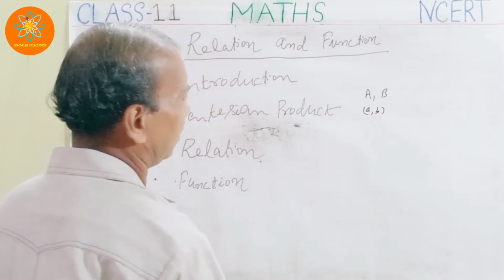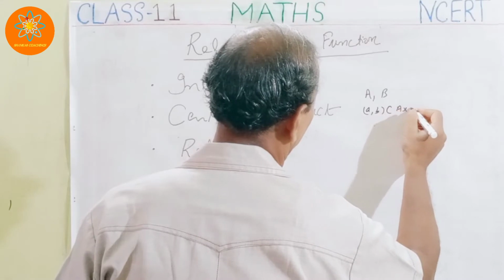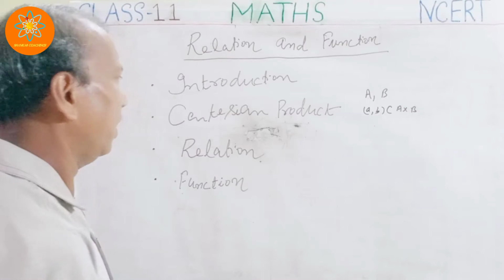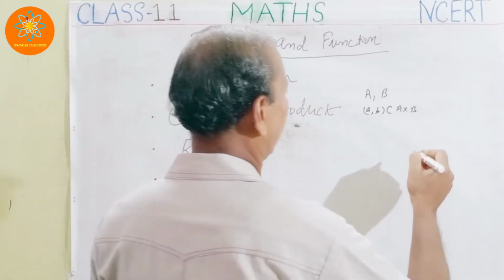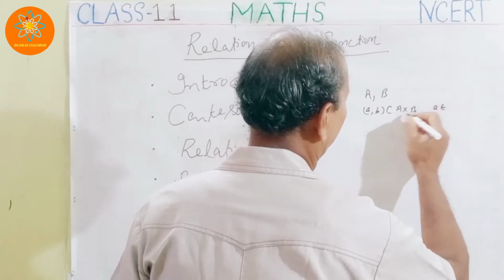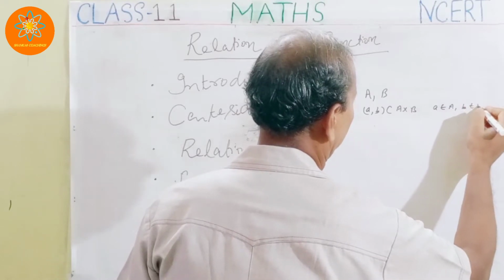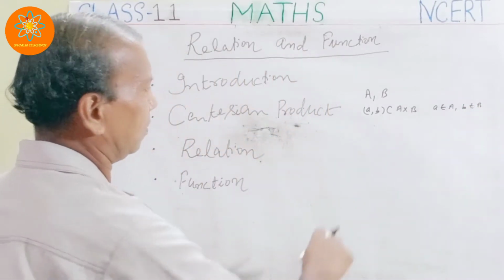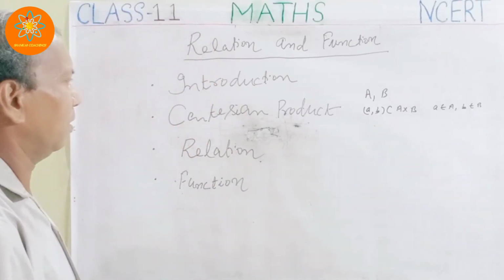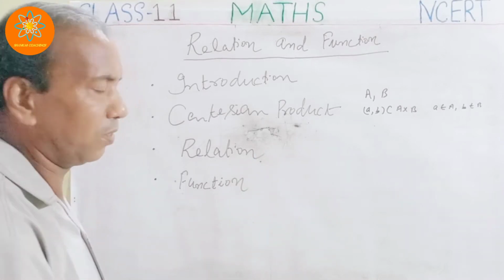This (a, b) will be a subset of A cross B. The ordered pair (a, b) is a subset of A cross B, where a is a member of set A and b is a member of set B. So this set of ordered pairs is called a relation. Later on we will see that a function is a special type of relation. So this is our introduction.